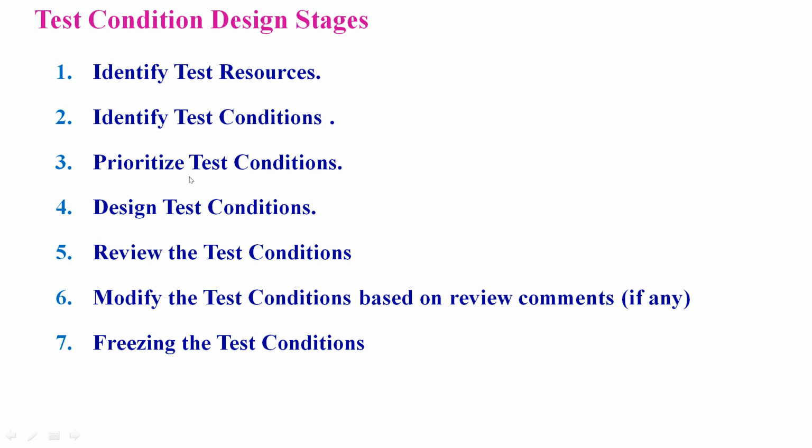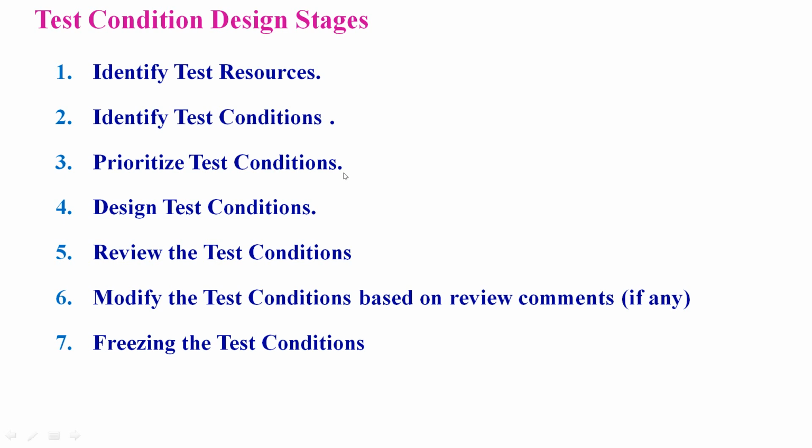After that, you have to prioritize the test condition. Prioritization is very important. Each and every test condition has to be prioritized. And next, design the test condition. After prioritizing the test condition, you have to design the test condition. Here, you may have a doubt how to prioritize the test condition.